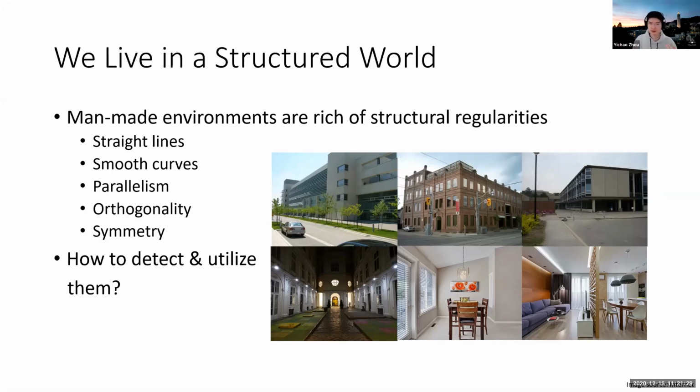They are composed of straight lines and smooth curves. Lines tend to be parallel with each other, and some are orthogonal to each other. And there are a lot of symmetries around your desk: your keyboard, your monitor, your cell phone, they're all symmetric. So the problem is, how can we detect them reliably and utilize them to understand the 3D world.